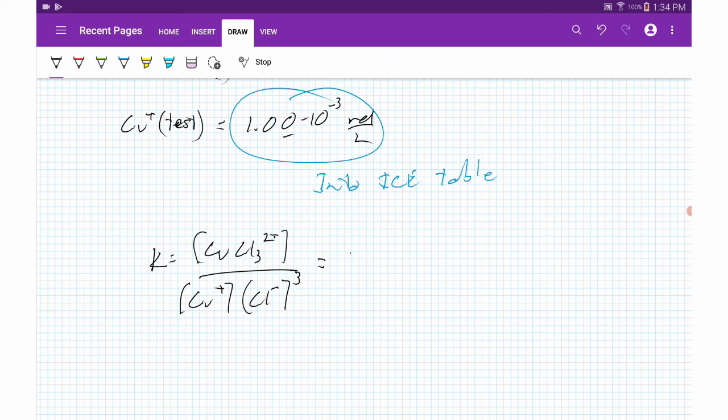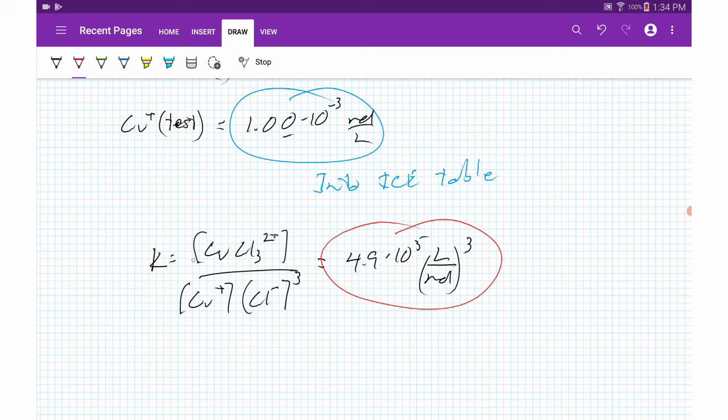And when you plug all the values in from up above, you get 4.9 times 10 to the 5 liters per mole cubed. And the units come from the equilibrium constant. If you look at the equilibrium constant over here, concentration divided by concentration to the 4th gives you 1 over concentration cubed. So that is how that is done.